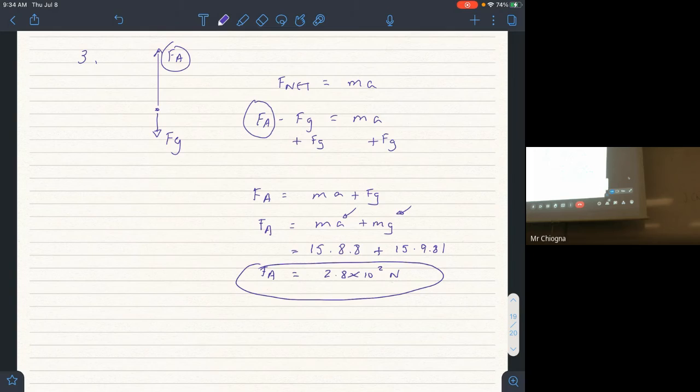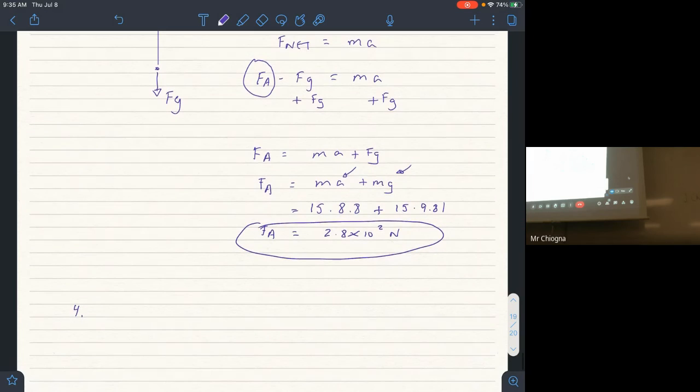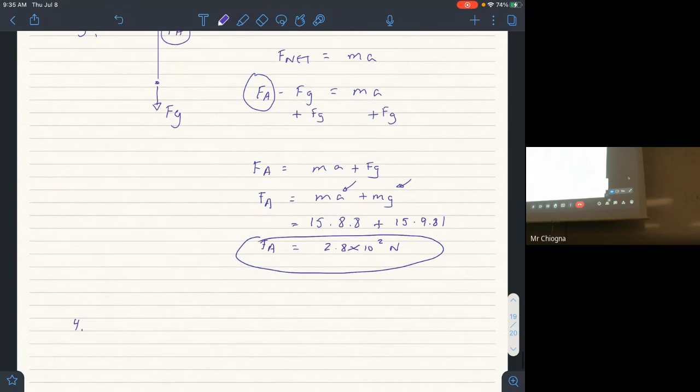Okay. 4. Read it over. This is the same problem as number 2, except they're asking you for the friction.